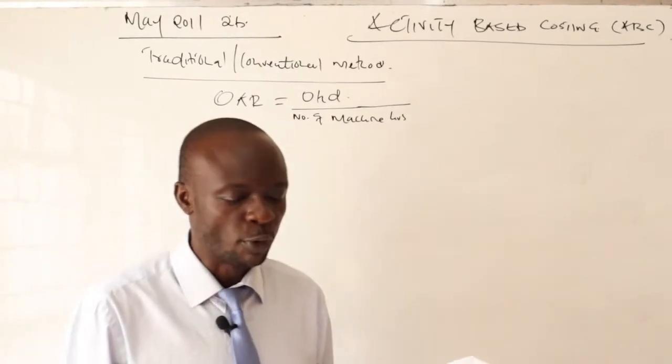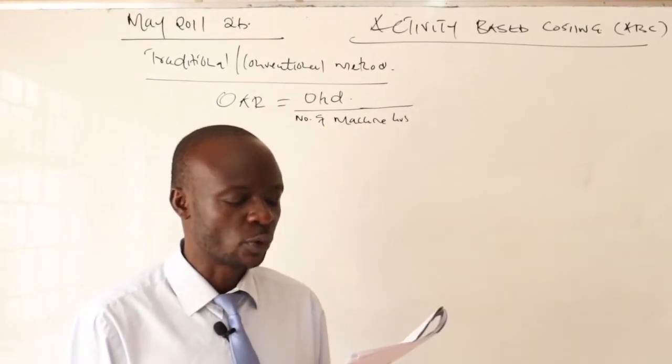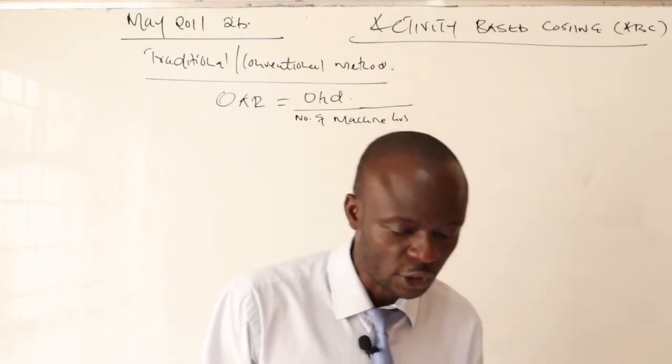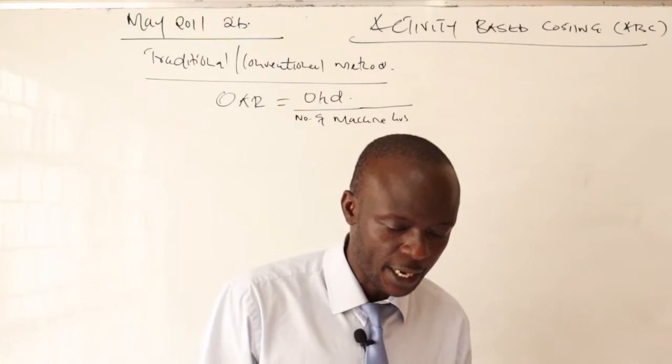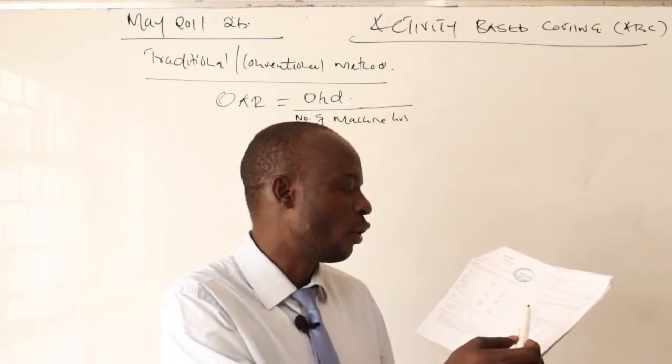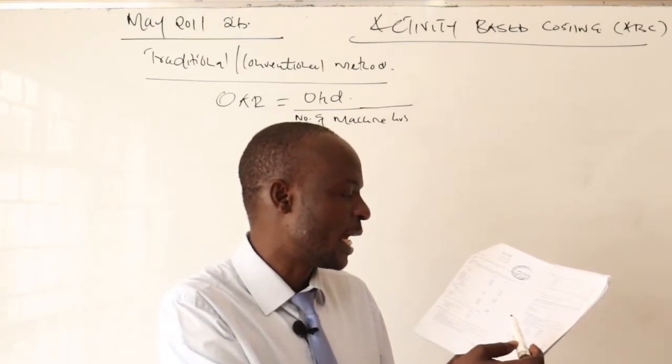So now we need to get the total overheads. Where are we going to get them? We're going to add all the overheads that are categorized under each activity.